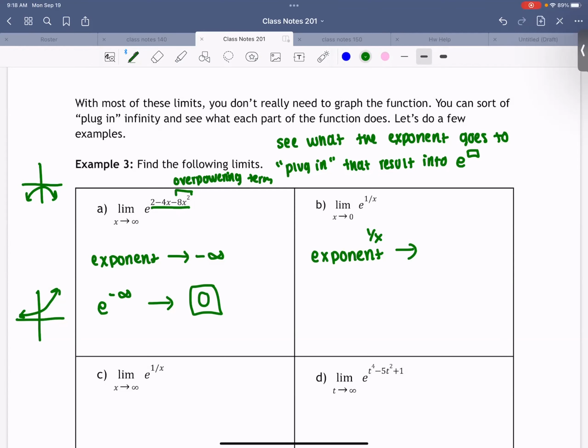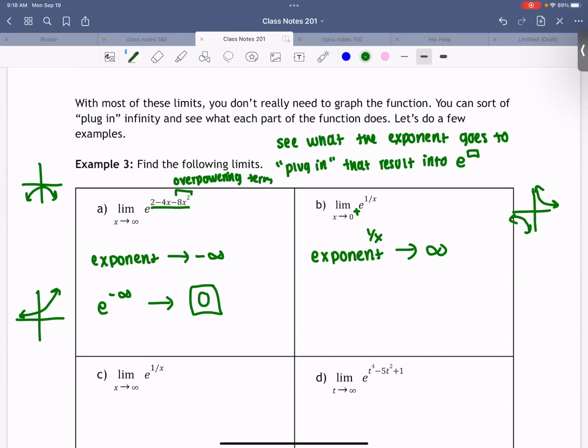you know what? Let me change this. Let's say we're going from the right. Now where is it going to? Infinity, right? Doesn't the graph of 1 over x look like this? Okay, so as we go towards 0, the graph of 1 over x is going to infinity.